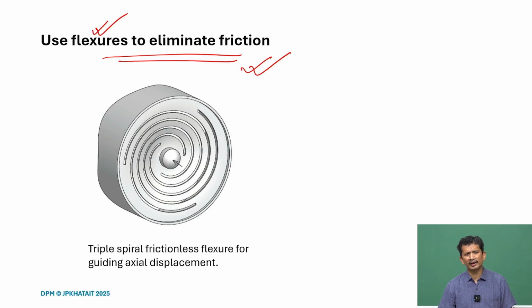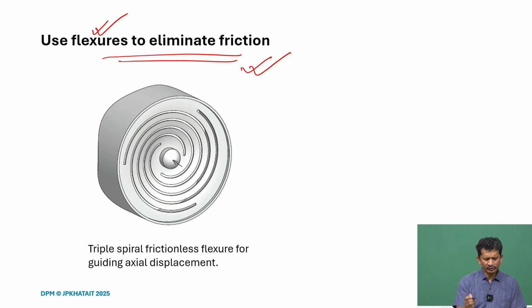Even if the range of motion is very large, we can always go for coarse movement and finer movement. For the coarse action we can use conventional design and conventional bearings, but as we approach finer movement, we move to flexure mechanisms or compliant mechanisms and try to achieve better repeatability.